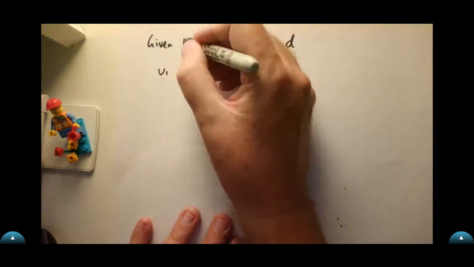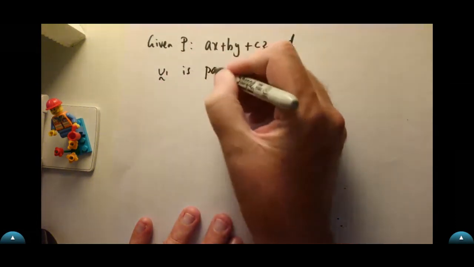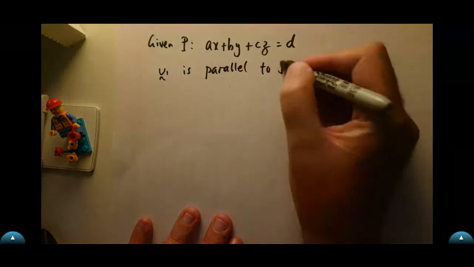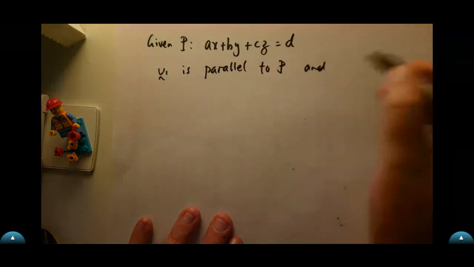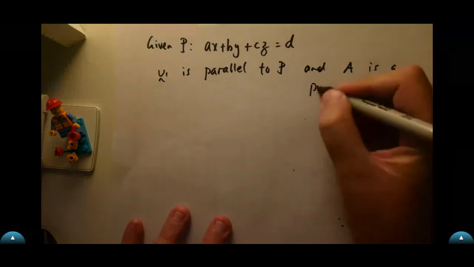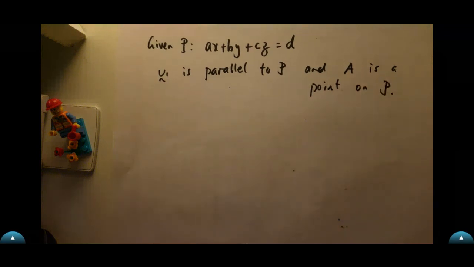So let's say that's your plane equation, and A is a point on it. So what are they asking you to do there? Find a point and another vector.